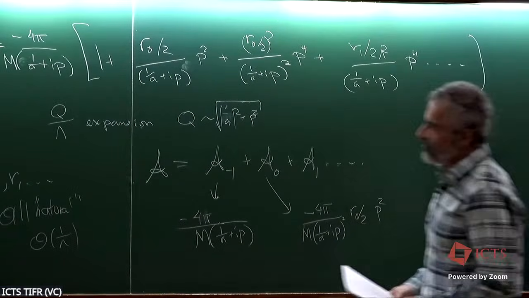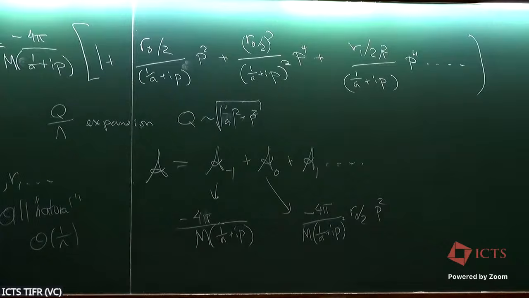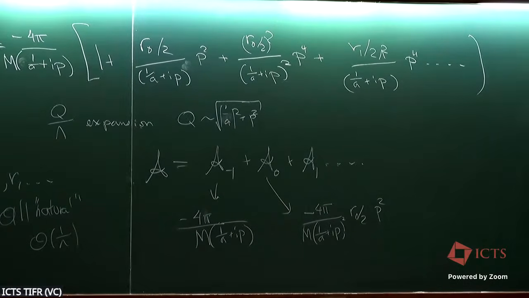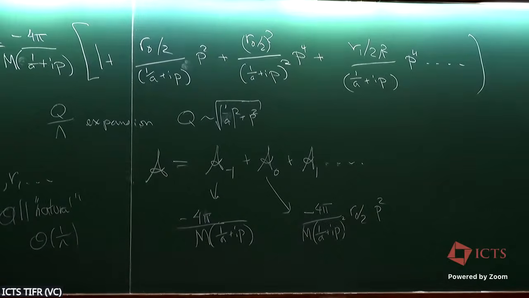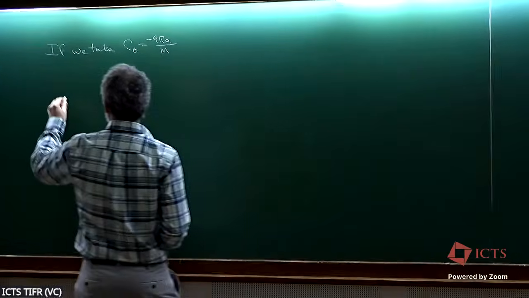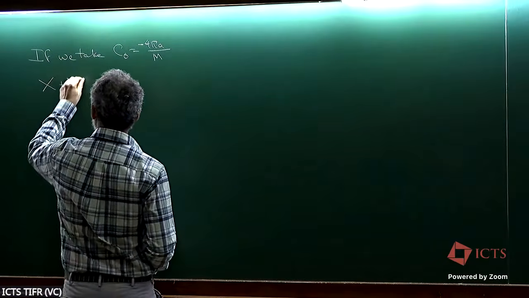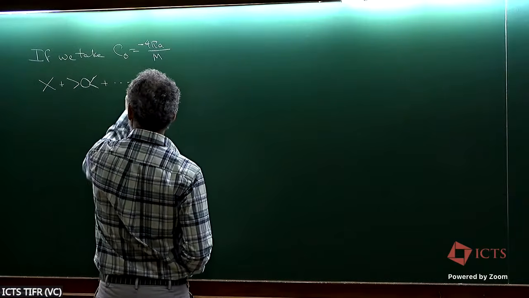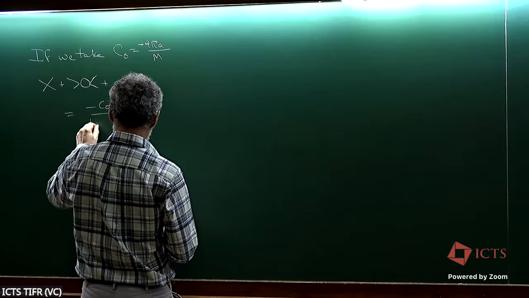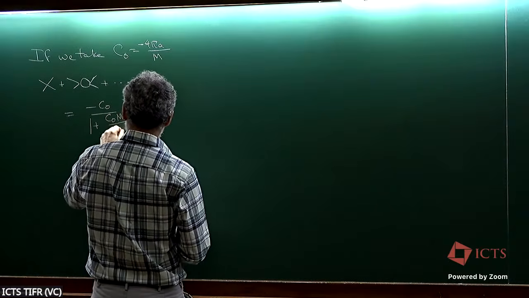So notice that if we take our same value for C naught, then this set of diagrams is equal to minus C naught over 1 plus C naught M over 4 pi times IP.